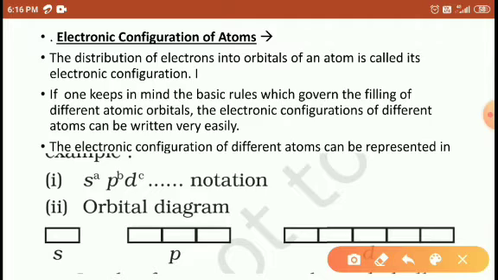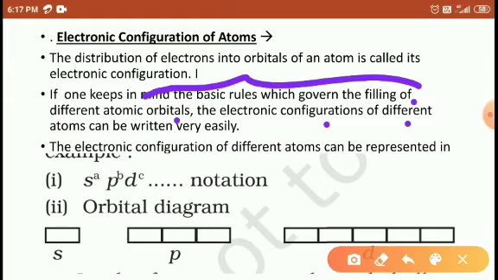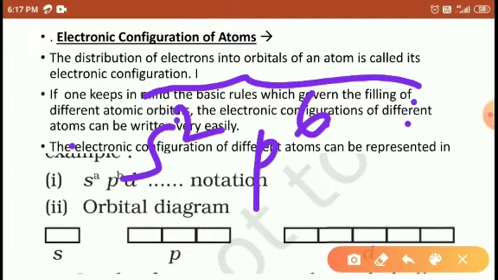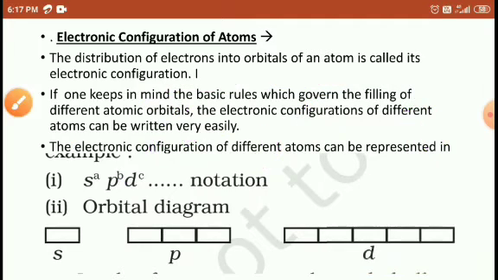If we keep in mind the basic rules that govern the filling of the different atomic orbitals, we can write the electronic configuration of different atoms. The s subshell holds 2 electrons, the p holds 6 electrons, and the d holds 10 electrons. Right, students? So the orbitals: s is 1, p is 3, and d is 5 orbitals.